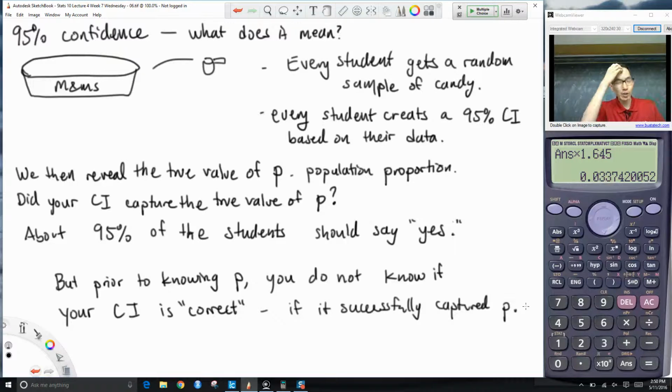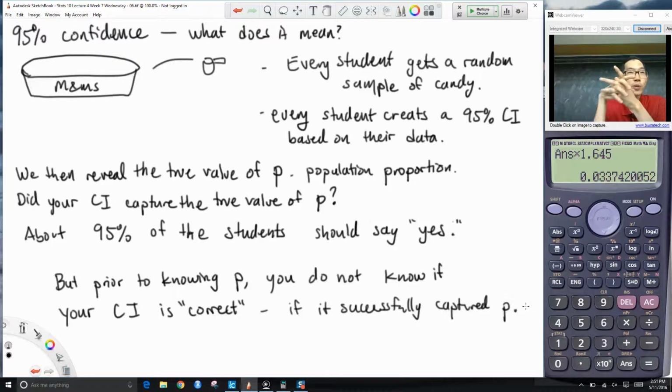When you look at this, it sounds like there's a 95% probability, or like 95% of students' intervals will capture the true value of P. But we're not allowed to say there's a 95% probability that P is inside someone's interval. The reason, again, is that the value of P is a fixed thing. There is a 95% chance, but it's only associated with the random process of getting your sample, okay?